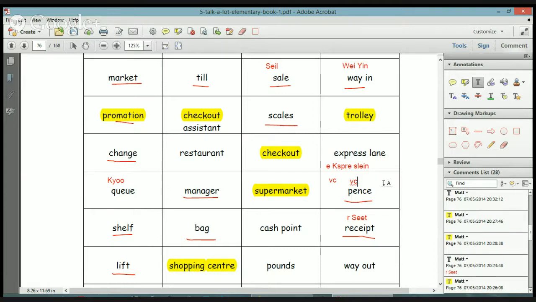Maybe order. Order some new stock. Order some products. He can pay his staff. Hire staff. What else? Think of what a manager does. Work.